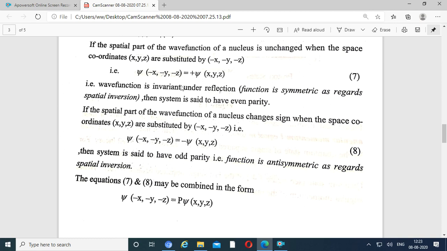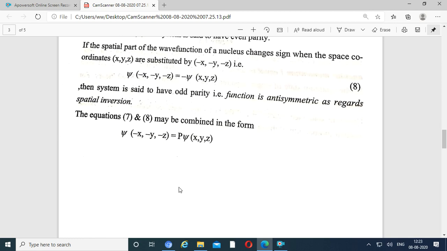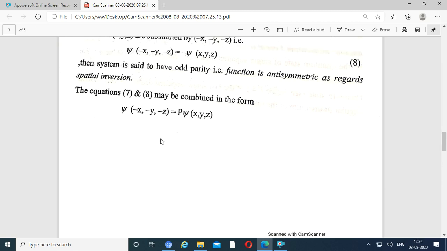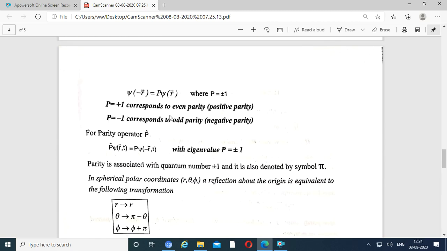These two equations, equation 7 and equation 8, may be combined in the form of an operator. Both equations can be represented as psi(-x, -y, -z) equals P psi(x, y, z), or psi(-r) equals P psi(r), where P can take values either 1 or minus 1.